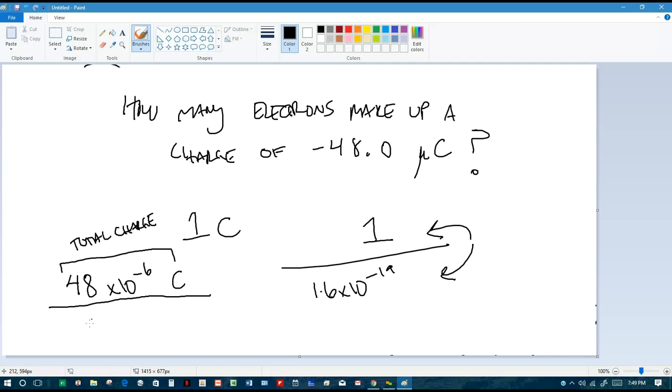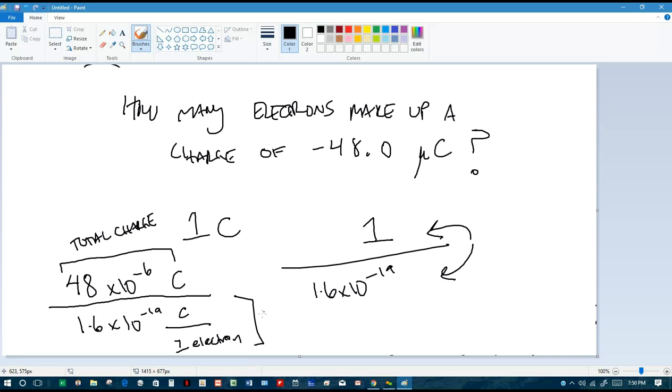And then we're going to divide it by 1.6 times 10 to the minus 19 coulombs, to find out how many electrons it takes, because each electron has that charge.